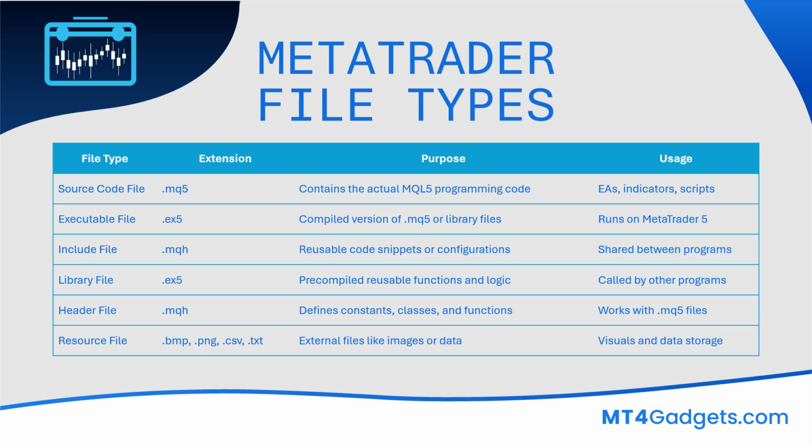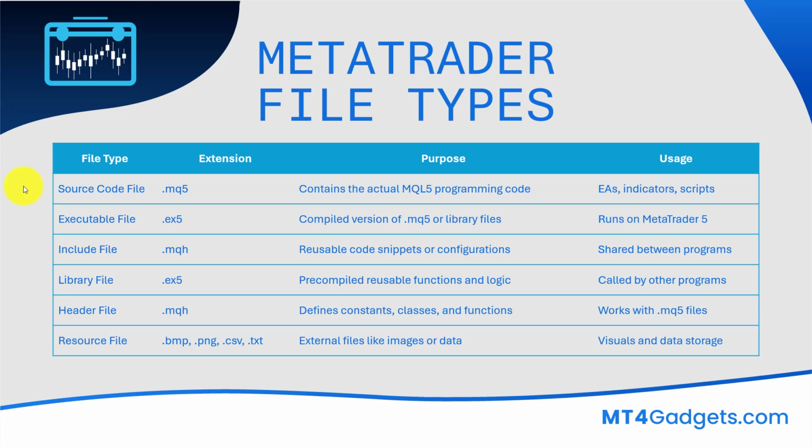Starting from the top, we have source code files. This is the actual scripting and coding that happens behind the scenes. It could be scripts, custom indicators, trading bots, expert advisors, or any tooling that makes your trading easier.